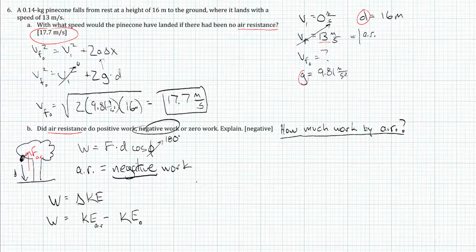All right. Well, let's write these out. What is kinetic energy? Kinetic energy is always 1/2 mv squared. All right, mass times velocity with air resistance squared, minus 1/2 mass of the pine cone times the velocity without air resistance squared.